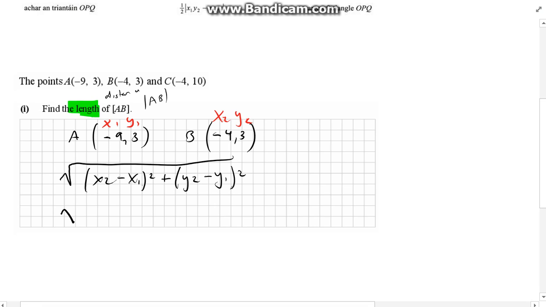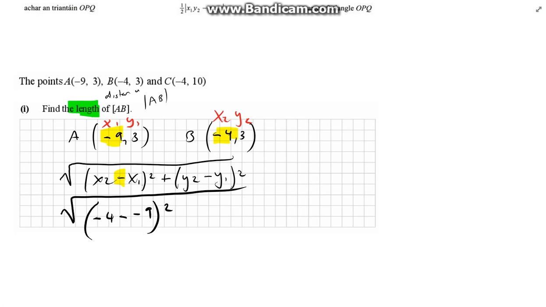Fill into my formula: square root of minus 4 minus minus 9 all squared. Make sure you put in exactly, because the x2 there was minus and the x1 was a minus, and there was already a minus here. So make sure you fill it in exactly as it is. Plus y2 is 3 minus y1 is 3 squared.